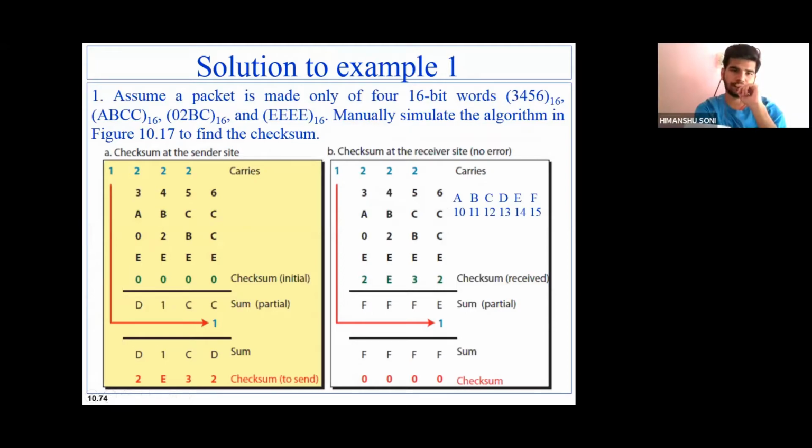You calculate. So at receiving time, this has changed to E, this has changed to A, and you perform the sum. The checksum is as it is. Now you have to tell me whether this data will be accepted or rejected.